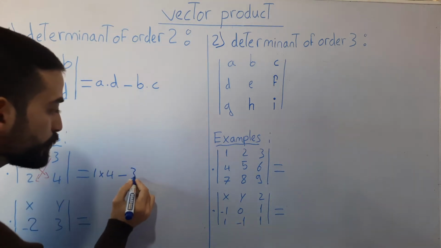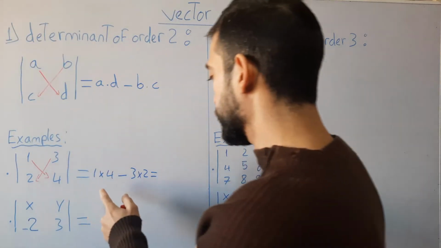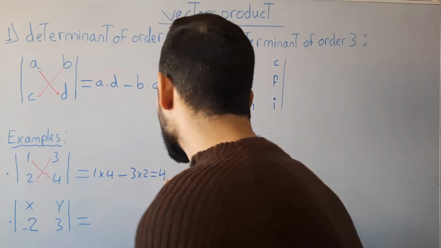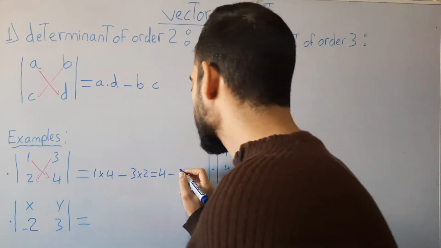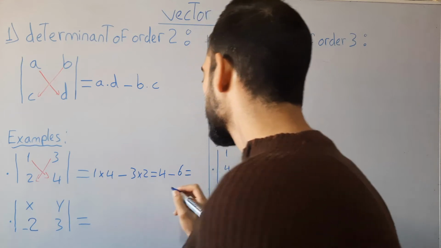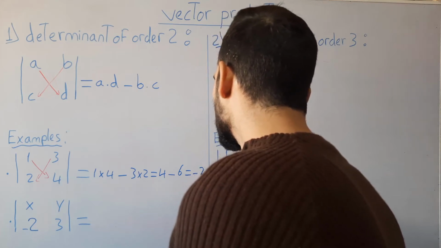So it equals 1 times 4, equal 4, minus 3 times 2, 6. So it equals 4 minus 6, equal minus 2.